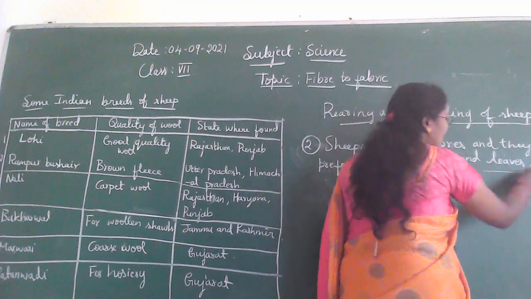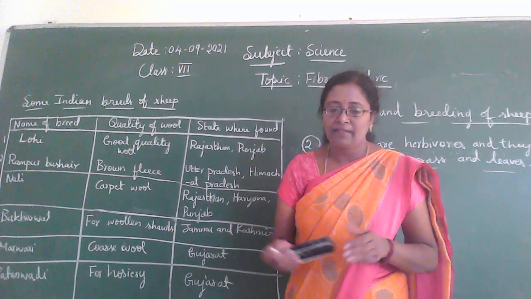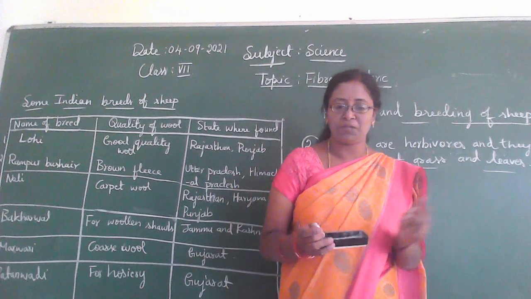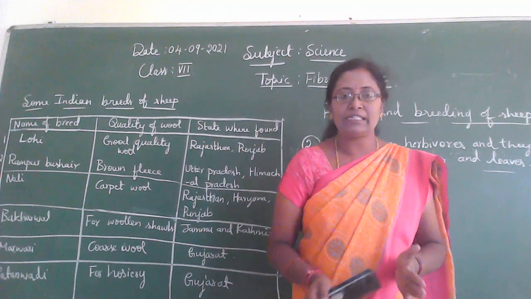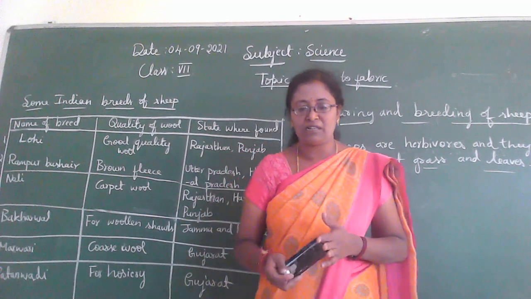Apart from this grass and leaves, the shepherds or the rearers also feed them. They also feed these sheep a mixture of pulses, oil cakes, corn, jowar and minerals.